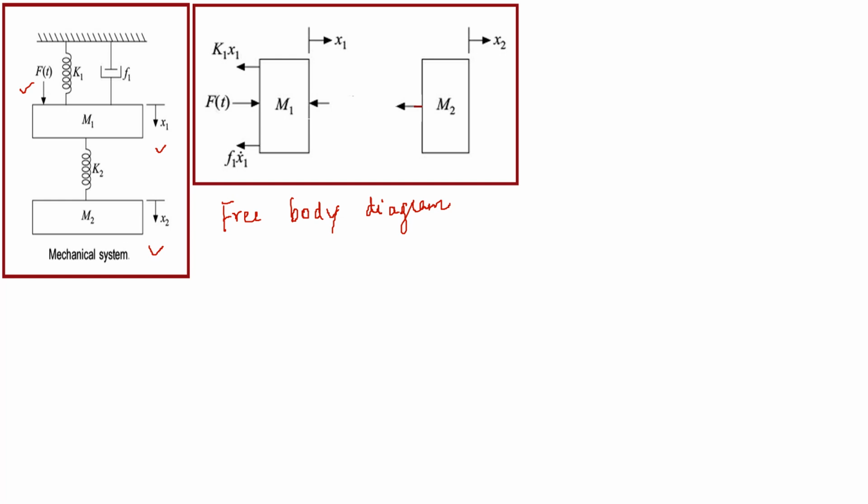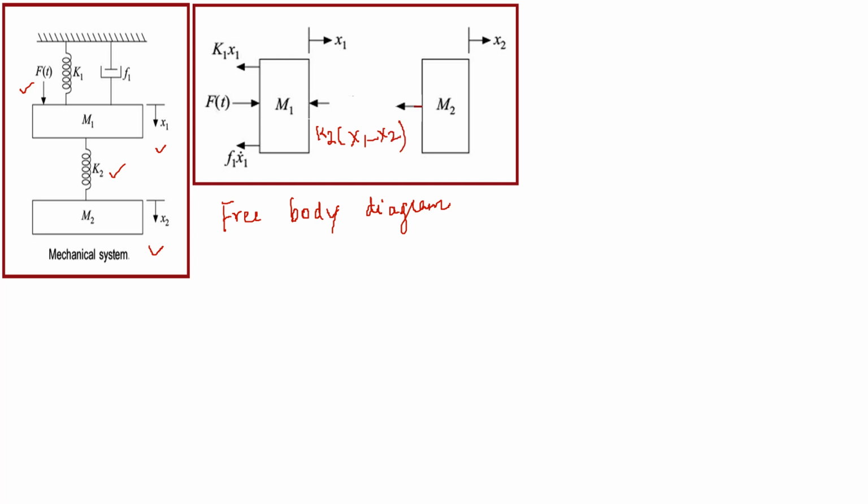Due to mass m1, the internal forces are m1 into d square x1 divided by dt square, then the first spring element k1 into x1. The second spring element is connected between two displacements x1 and x2. So how to write this? k2 into (x1 minus x2).